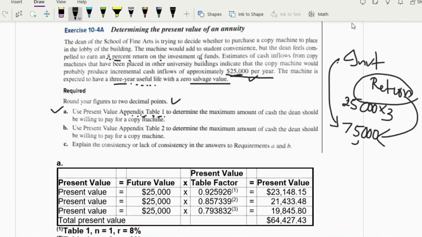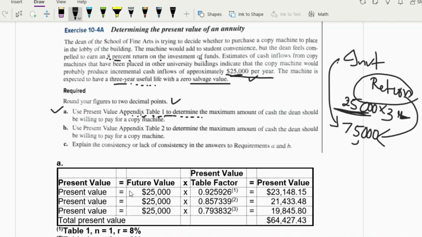We can apply the same concept with the help of time value of money. Instead of taking 25,000 straightforward, we can take the present value of 25,000 each year and add those 3 values, because I cannot multiply, all of them will be different. So add those 3 values and say that the investment should be less than this, right? Because they say use the simple present value table, not the annuity table.